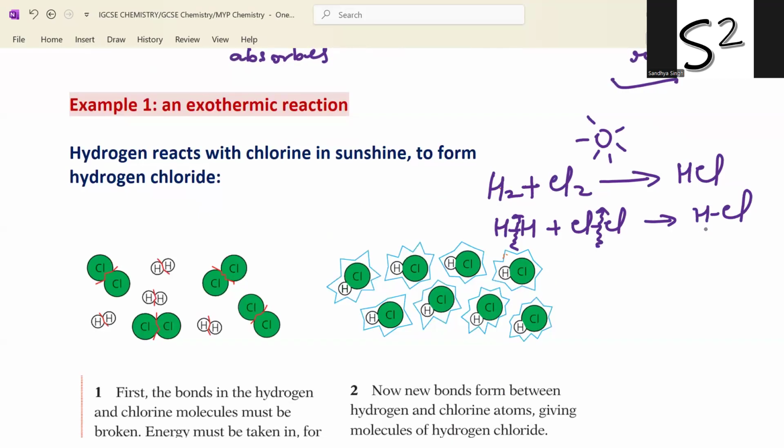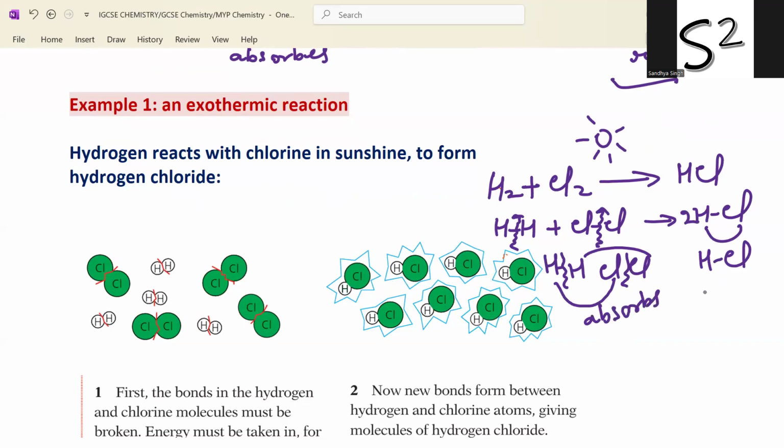The new bond forms between hydrogen and chlorine. So when we balance it, it would be 2HCl. Here, when the bond breaks, energy is absorbed, and when new bonds form, energy is released.